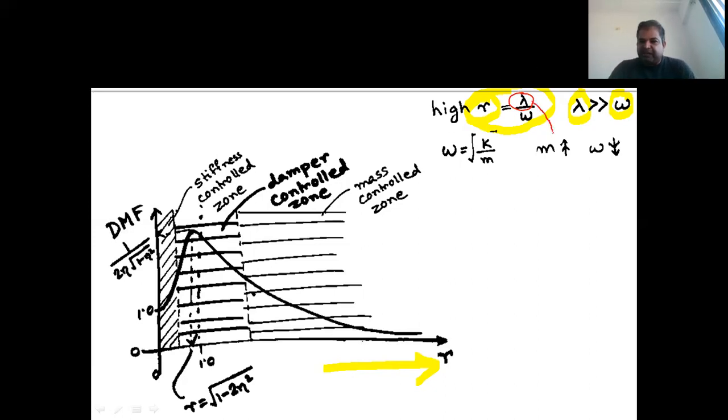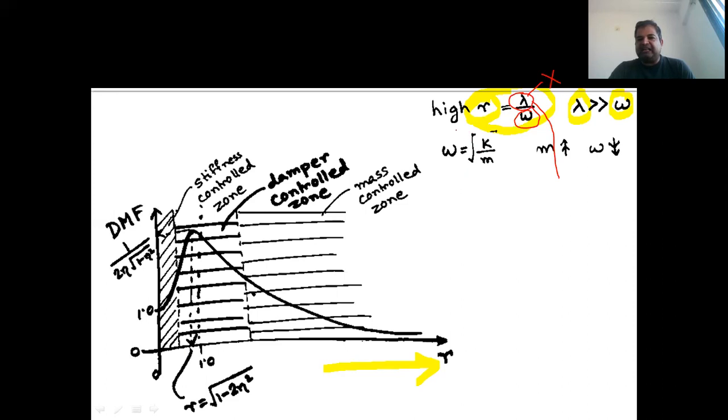For this lambda, I need to design my foundation which can take care of the vibration produced by that machine. That is my task. I do not have control over this, but I do have control over the natural frequency of the system, or the natural frequency of the foundation.